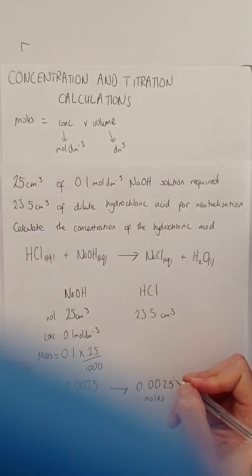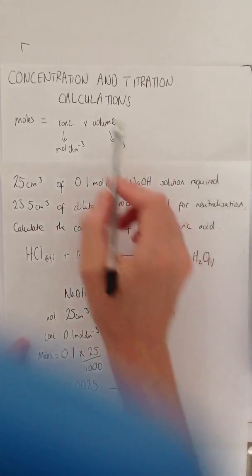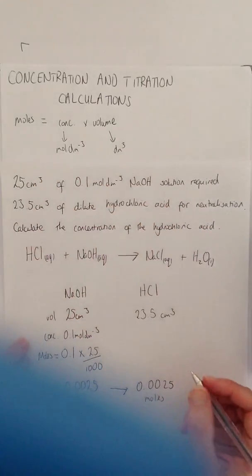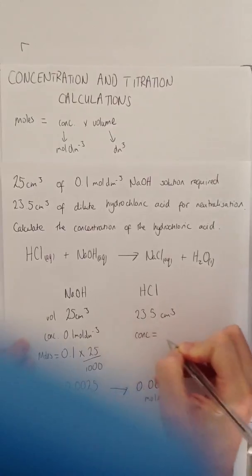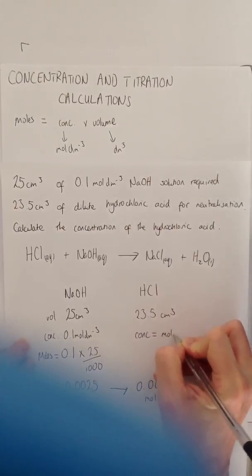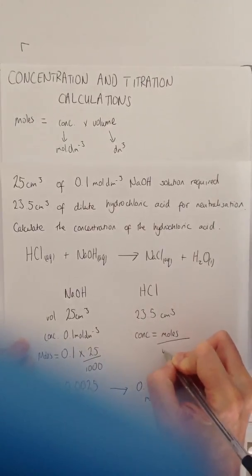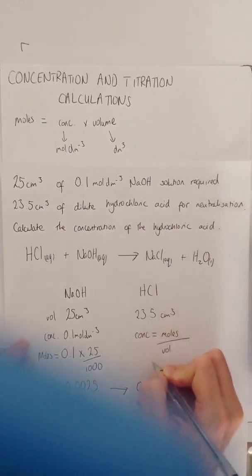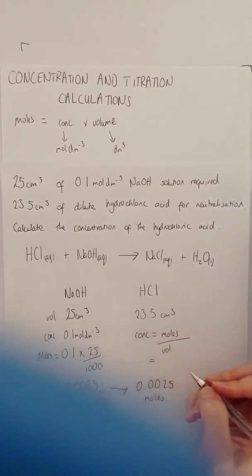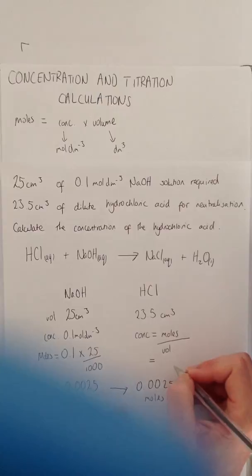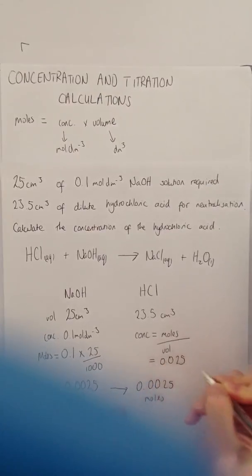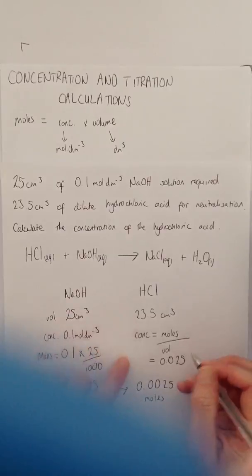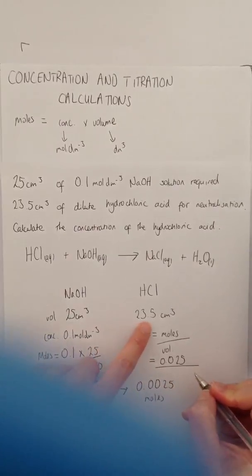From this, we can work out the concentration by rearranging this equation. Concentration is going to be equal to moles divided by the volume. Here, we know the number of moles, 0.0025, and we know the volume, 23.5.